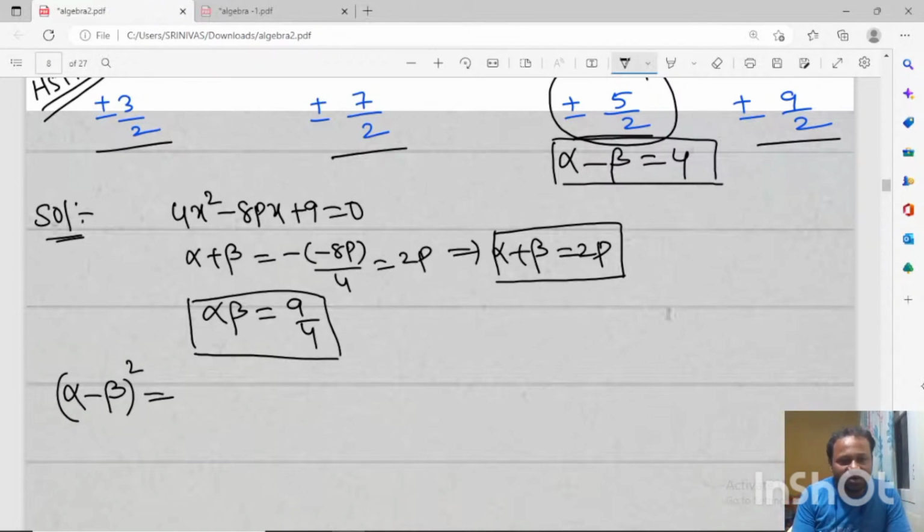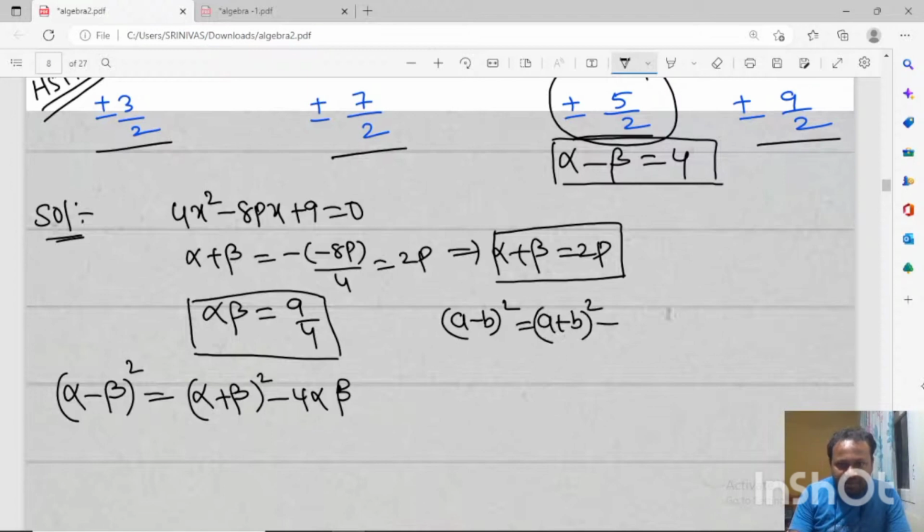Alpha minus beta whole square is equal to alpha plus beta whole square minus 4 alpha beta. This is the key. So a minus b whole square is equal to a plus b whole square minus 4ab.